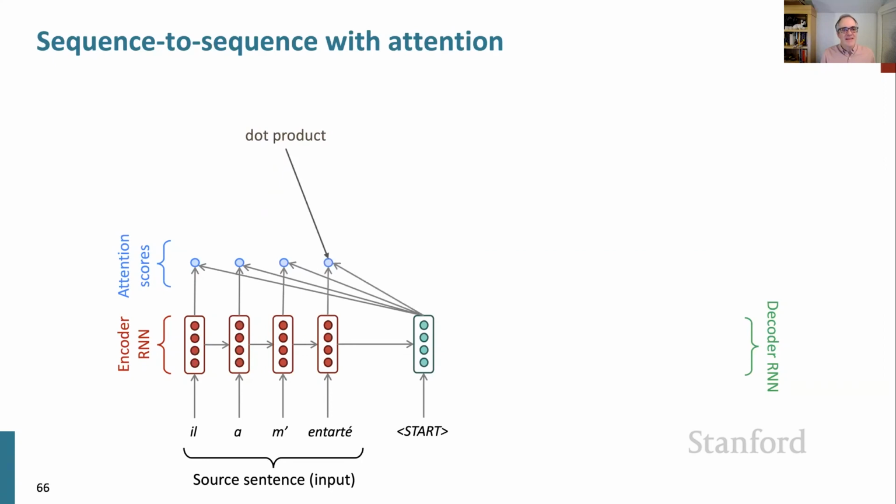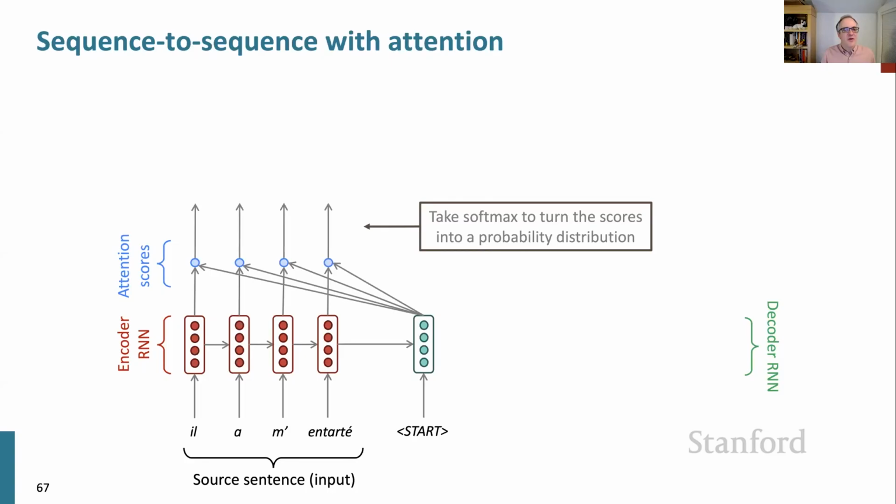Then based on those attention scores, I'm going to calculate a probability distribution by using a softmax as usual, to say which of these encoder states is most like my decoder state. And so we'll be training the model to say, well, probably you should translate the first word of the sentence first. So that's where the attention should be placed.